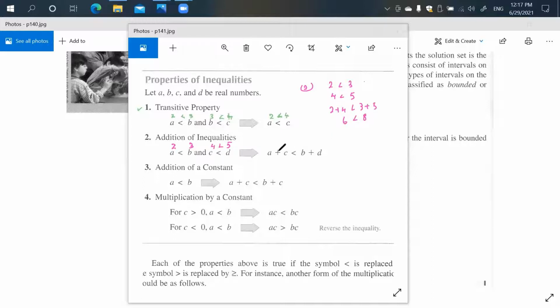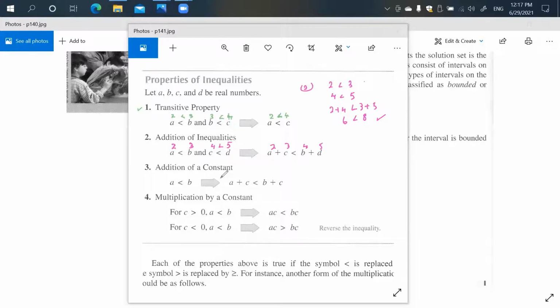That's the meaning. Left hand side sum and right hand side sum, then this one is true. Okay, that's the addition of inequality.